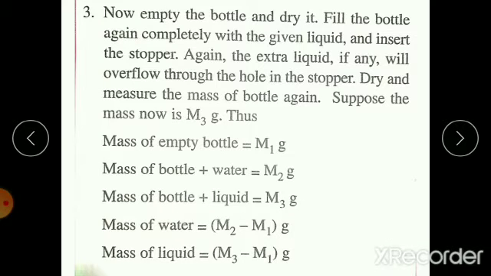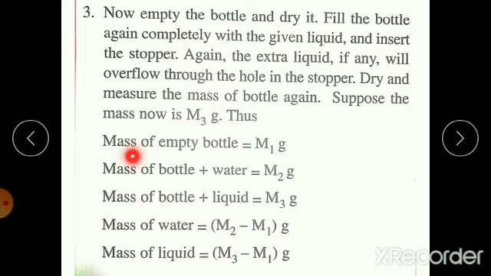The third step: now empty the bottle and dry it. Fill the bottle again completely with the given liquid and insert the stopper. Again the extra liquid, if any, will overflow through the hole in the stopper. Dry and measure the mass of the bottle again. That will be m3.